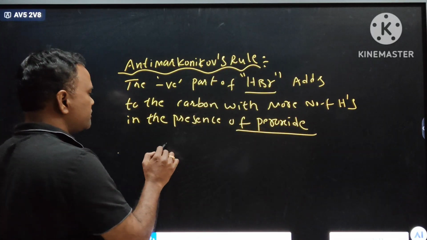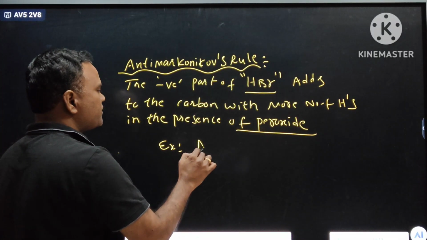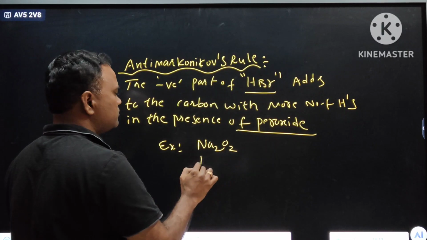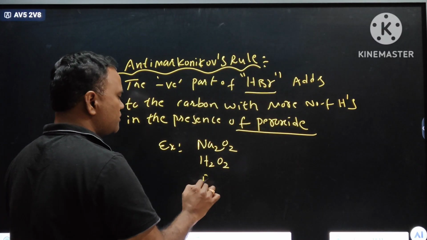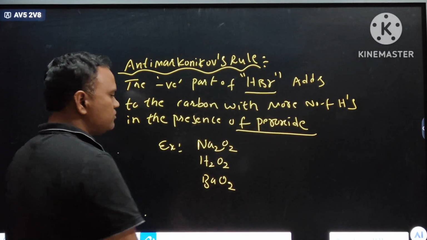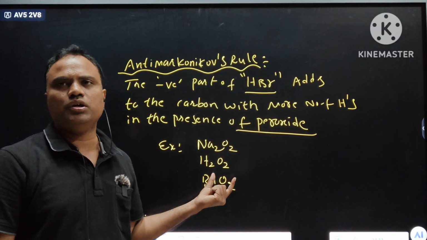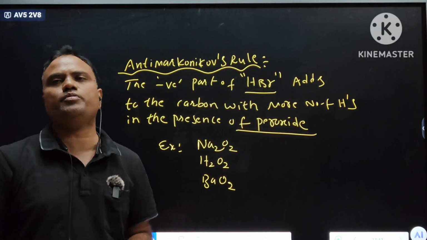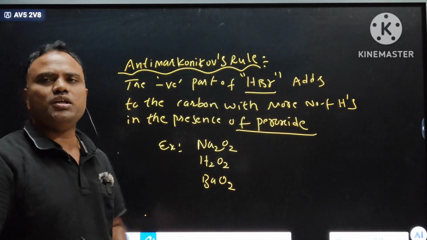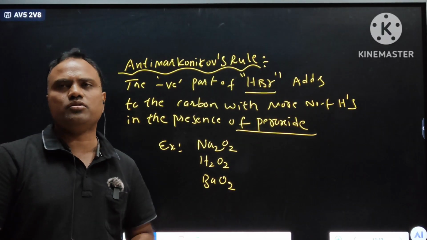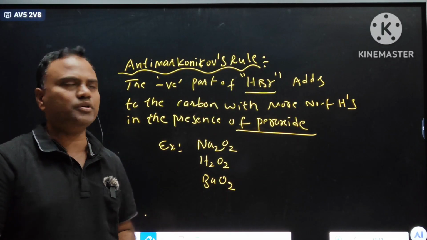Let us see the peroxides. Examples of peroxides: sodium peroxide Na2O2, hydrogen peroxide, barium peroxide BaO2. So whenever you observe HBr along with H2O2, both should be present. Then only we add HBr according to anti-Markovnikov's rule. Here the condition is important.